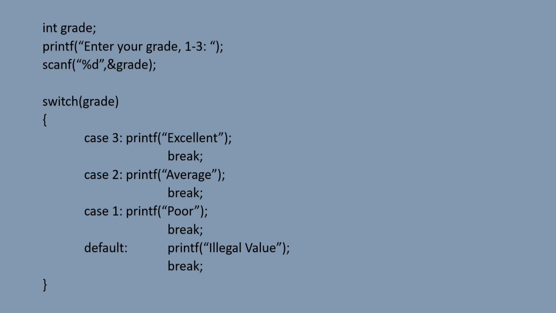Once it finds its value, it's going to execute these statements right here. It's going to printf and print out excellent, and break. So it's going to break out of the statement. We're going to talk a little bit more about these keywords in a second, just so you know how a switch statement looks.